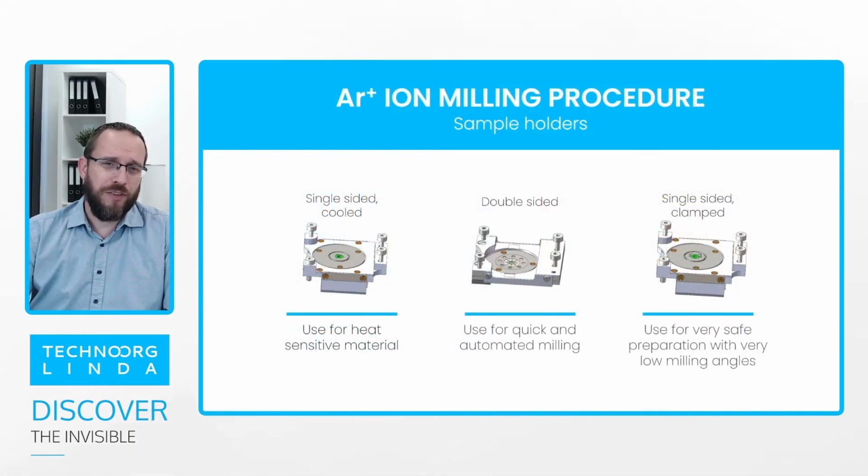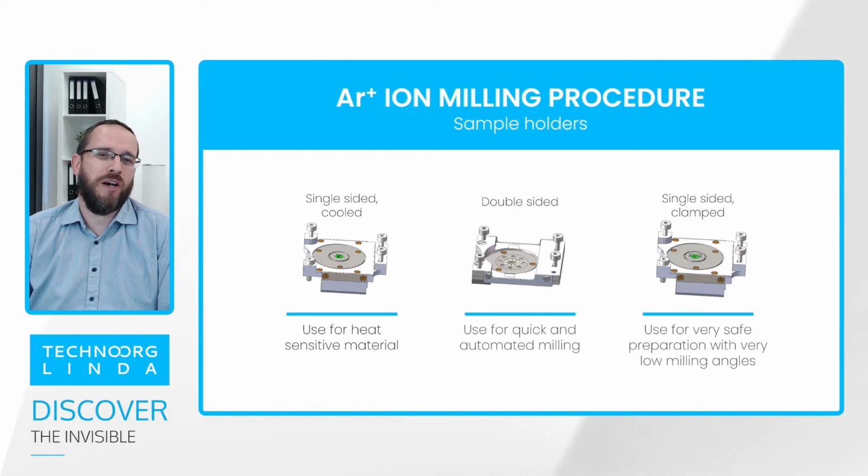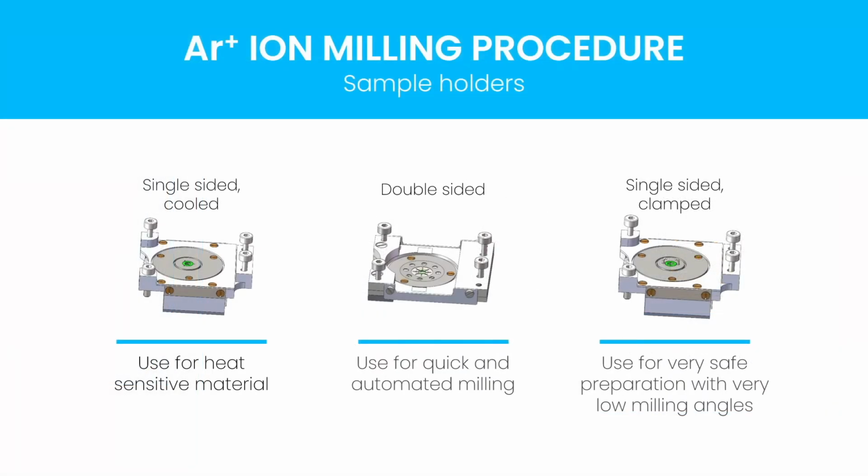But for this process you might need various sample holders depending on what kind of sample you are ion milling. Now Technoorg offers 3 types of sample holders for Unimill. The first one is a single-sided cooled sample holder for heat-sensitive material.